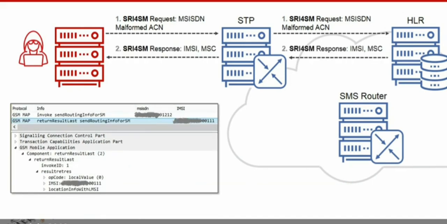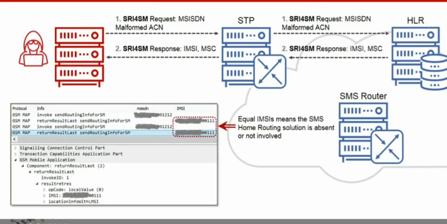The HLR, of course, responds with correct data. And if this intruder wants to check whether this request retrieves the correct data, they can send this message one more time, and the IMSIs are equal. So the SMS home routing procedure does not work.